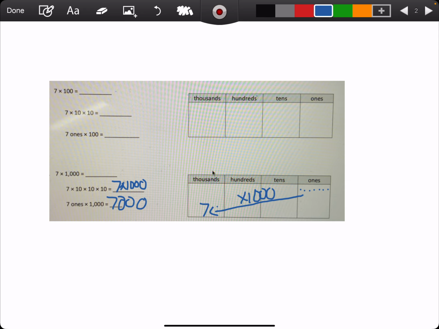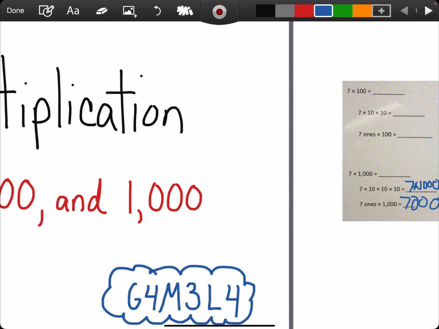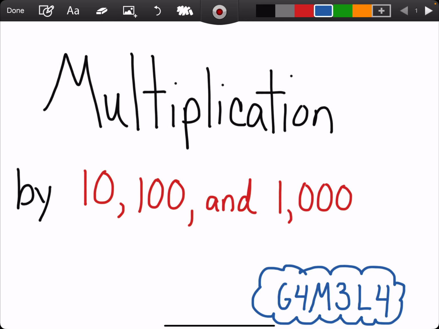So that is just a quick review of when you're multiplying by 10, 100, and 1,000. Like here, let's say 15 times 100.